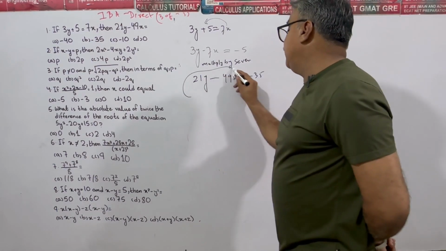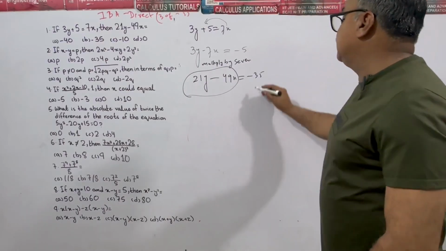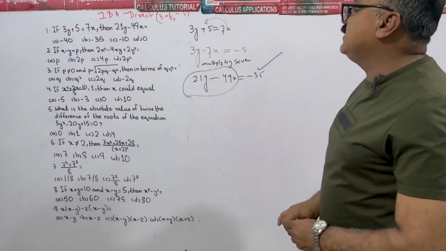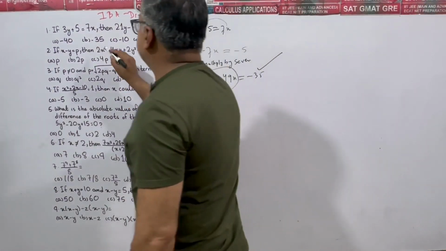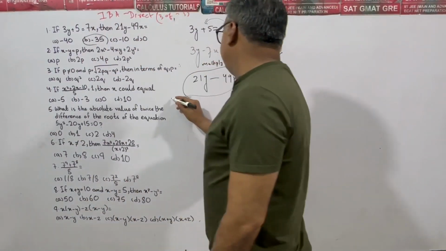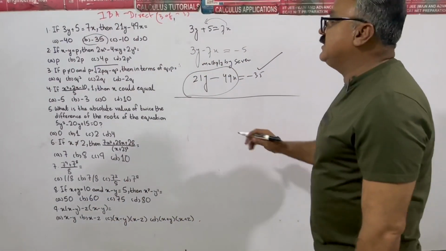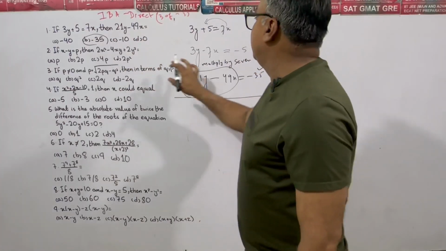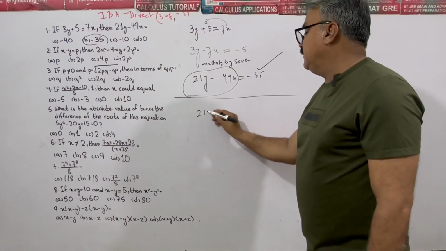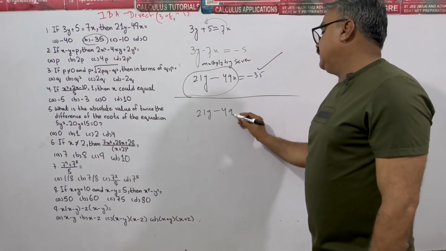So we have managed the value of 21y minus 49x, that's equal to negative 35. That's our right option.